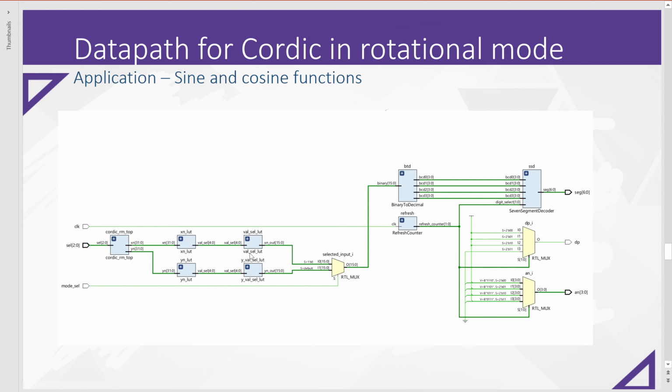This is the data path of my CORDIC in the rotational mode to demonstrate the sine and cosine. If I want to demonstrate on the FPGA board, I have to give the theta values to the FPGA board chip, because my Verilog code is coded for that chip.